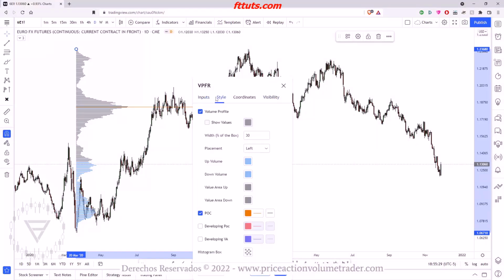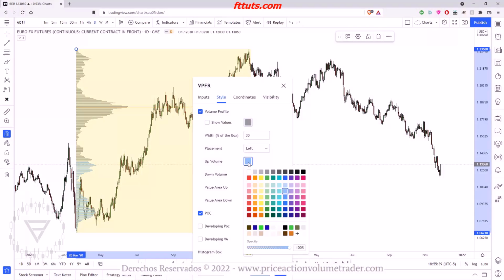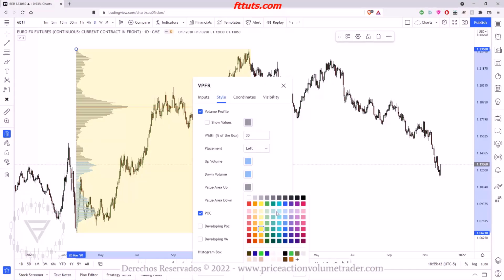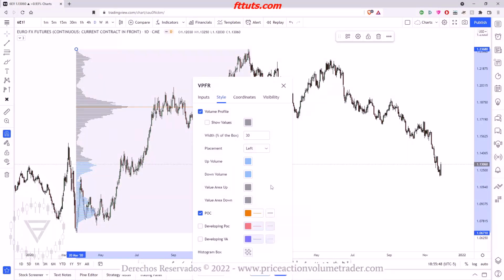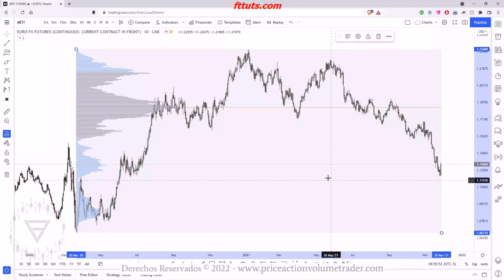I'm going to color the background of this with the histogram just so we can differentiate. I'll do another color, just a light gray. And let me see how much this changes going down.